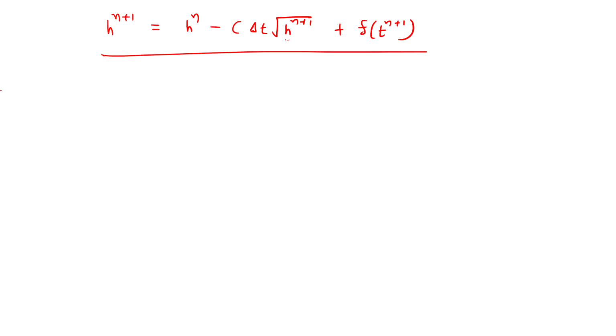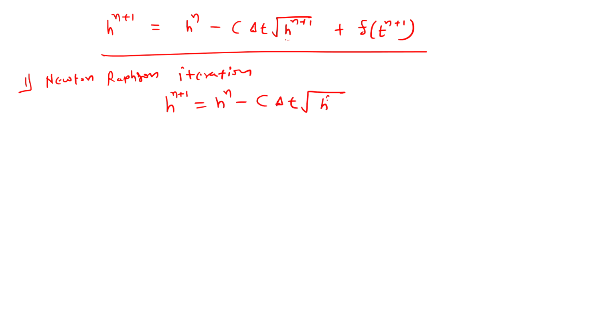So what we will do, the first approach, since we need to solve this equation, is Newton-Raphson iteration. I want to find the solution of this equation h^n minus c delta t root of h^(n+1) plus delta t f of t^(n+1), where this h^(n+1), which is unknown, I can assume as x.